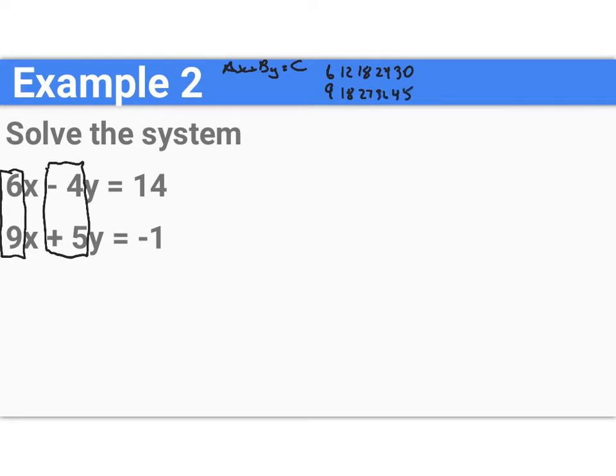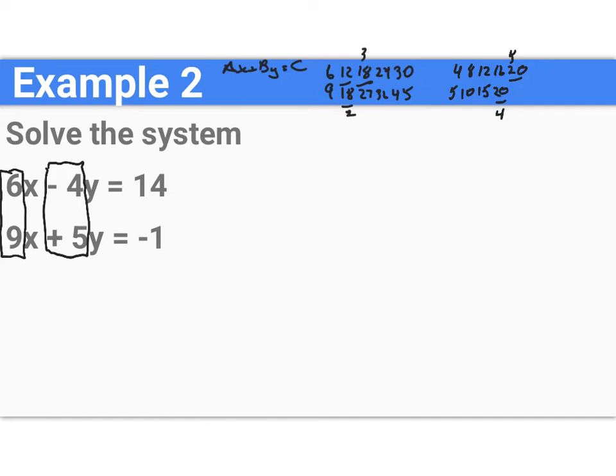Or we could run through our 4s and 5s: 4, 8, 12, 16, 20; 5, 10, 15, 20. And then you look for your common numbers. So here we will have to multiply by 5 and 4, and here we will have to multiply by 3 and 2. It's always easier to deal with smaller numbers.